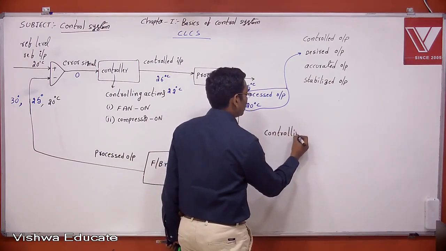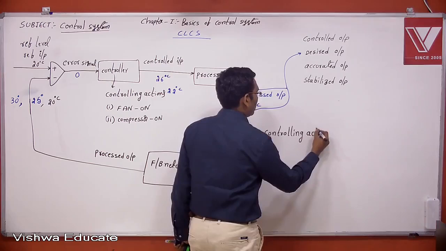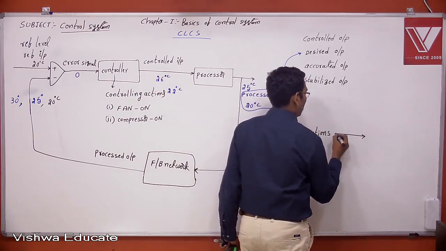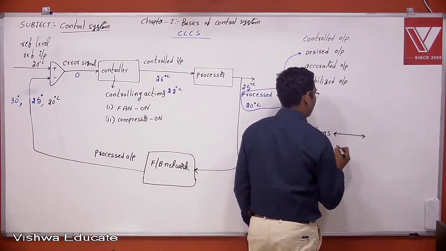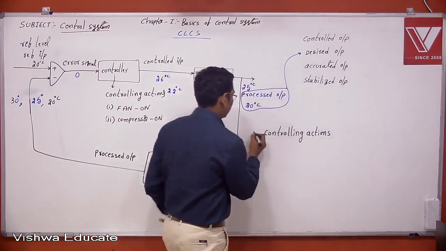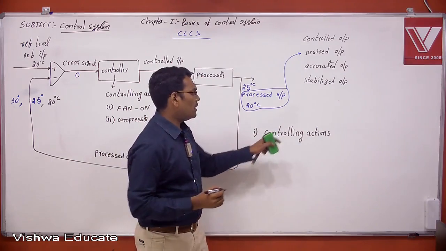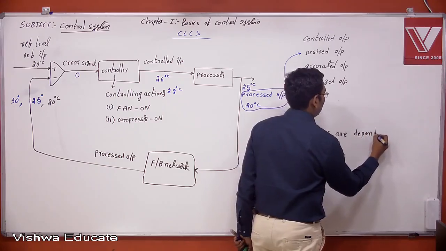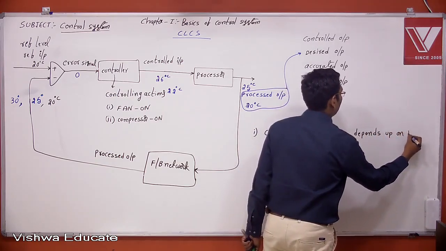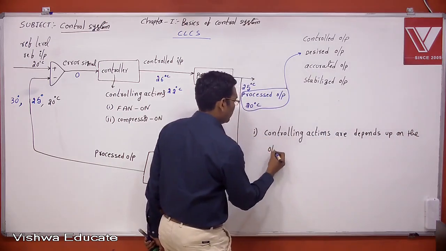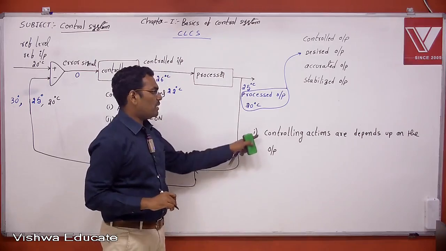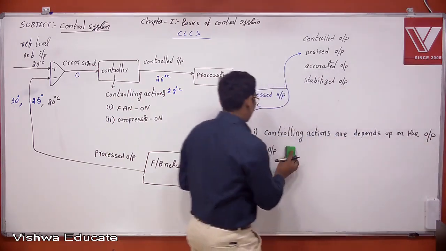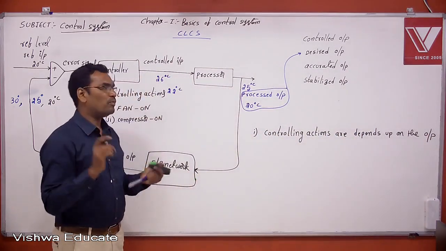In which control system the controlling actions depend upon the output, then that control system is said to be a closed loop control system.